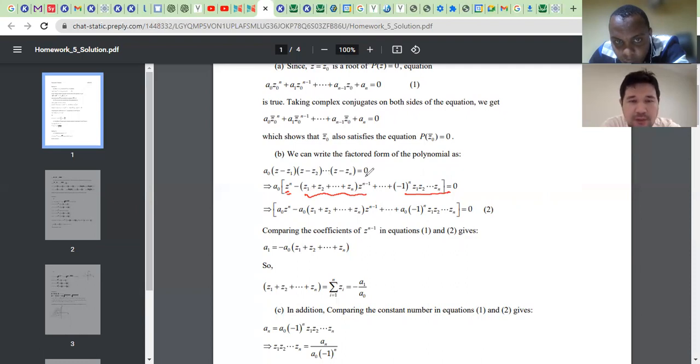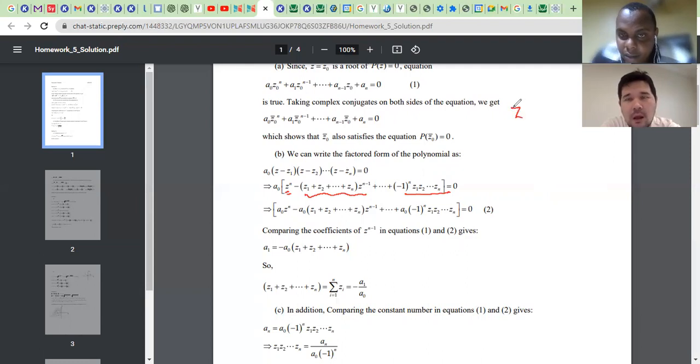So he multiplied all these and he got Z^n minus all the other parts, which is Z1, Z2, all the way to Zn. Yeah, okay, let's just do it.